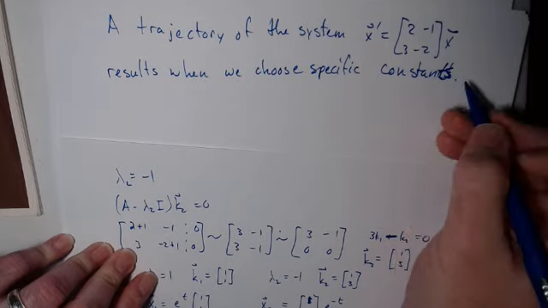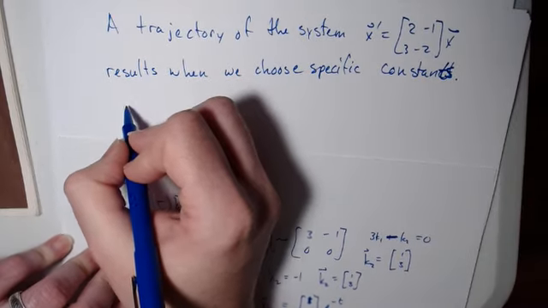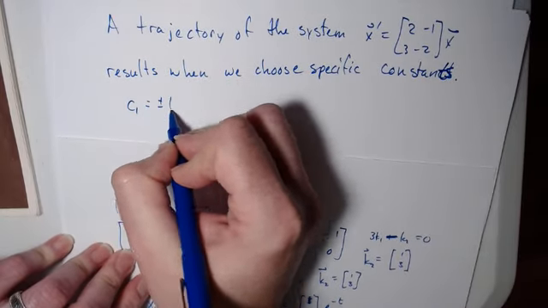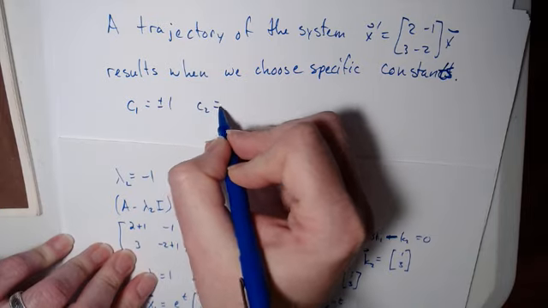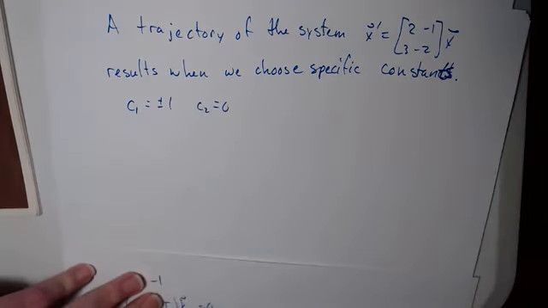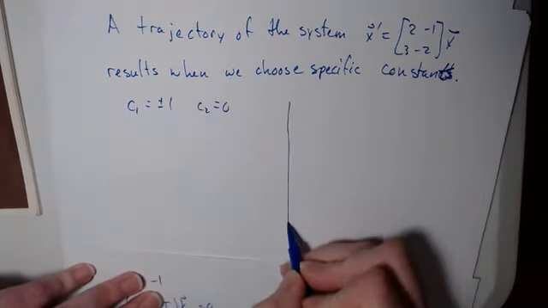So in this case, say we chose C1 equals plus or minus 1 and C2 equals 0. Then what do our solutions look like?